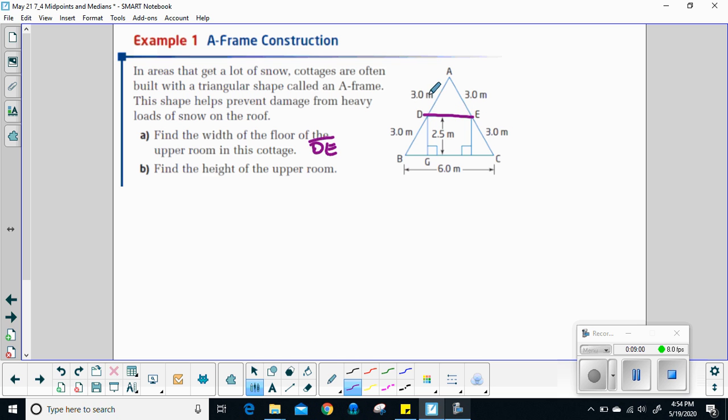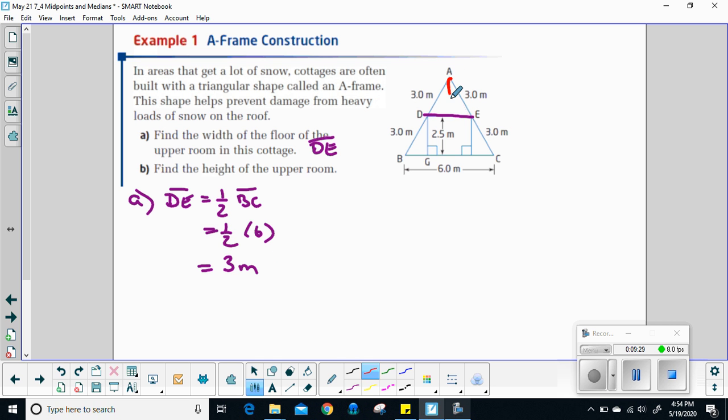Oh, for sure. If D and E are midpoints, which they are, so 3 equals 3, 3 equals 3. That means this line has to be half the length of this line. So DE is equal to half the length of BC. And the question is telling me that BC is equal to 6, so DE equals 3 meters. Now part B, find the height of the upper room.